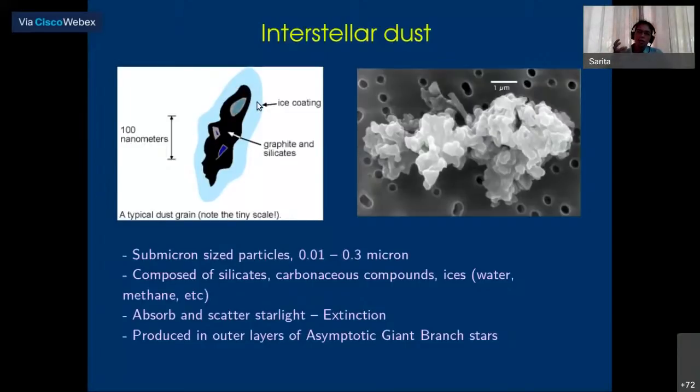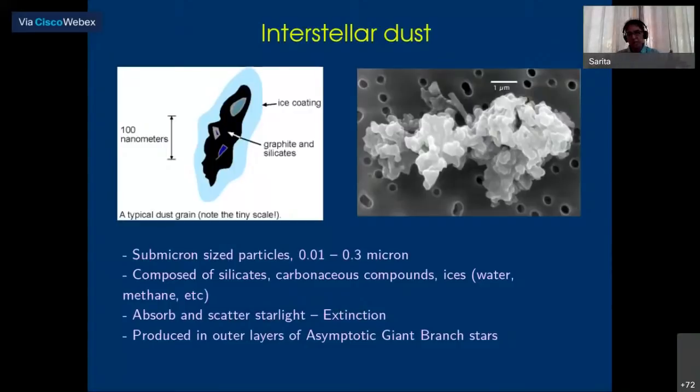This ice coating can be there on dust particles where the interstellar medium is cold. If, for example, the dust particle is at a distance from the star where the ice can sublimate, then you will not have the ice coating. If the dust particle is very close to a star, the silicate itself may get sublimated.